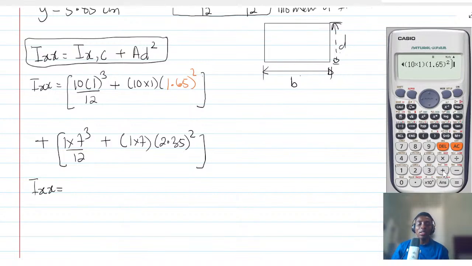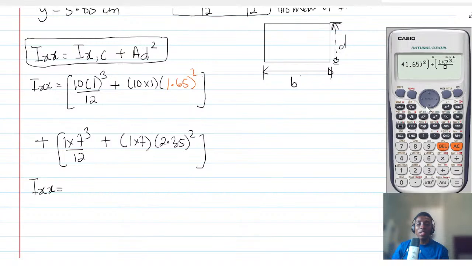So basically this is IXX for the first one, and for the second one it's going to be 1 times 7 cubed, and then you divide by, sorry, you don't divide again.